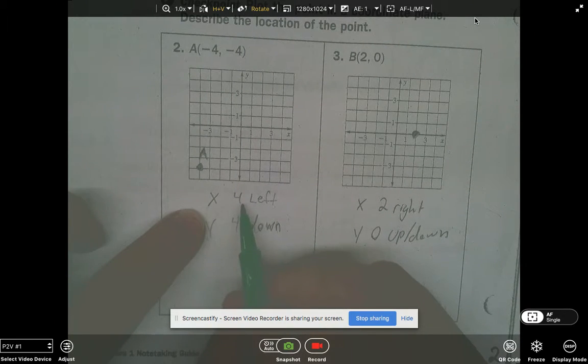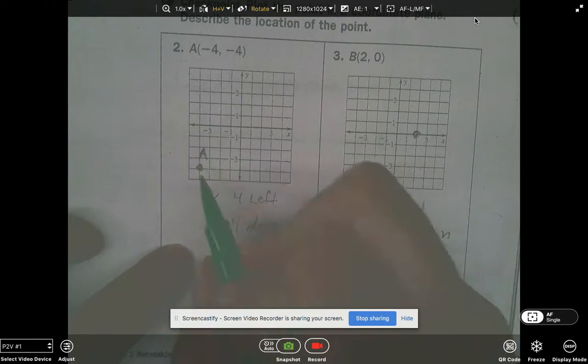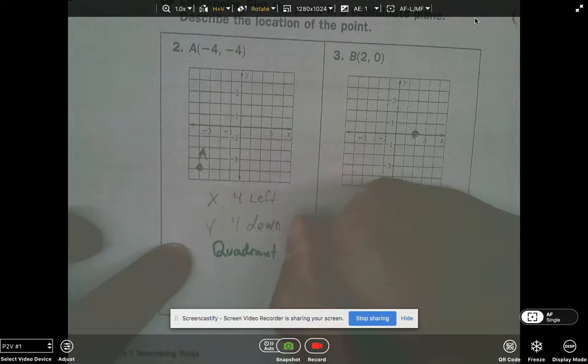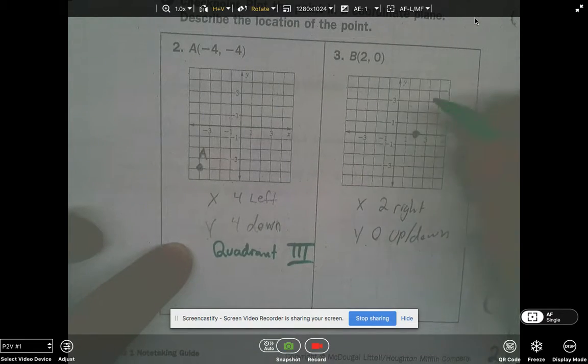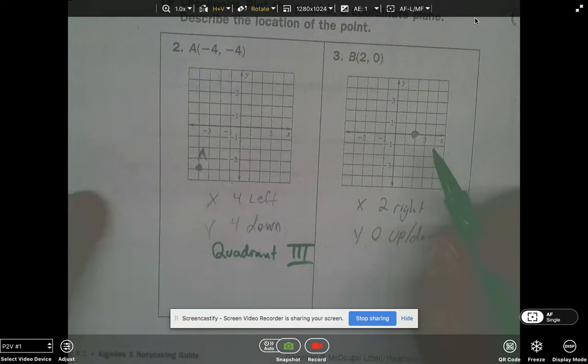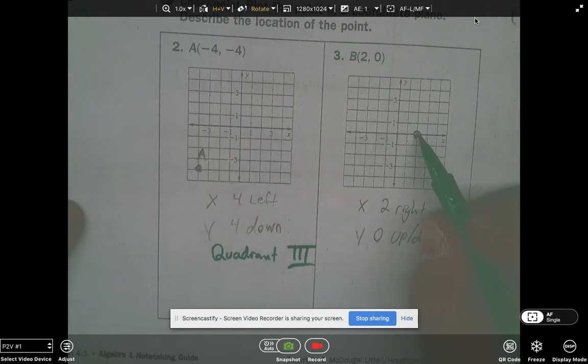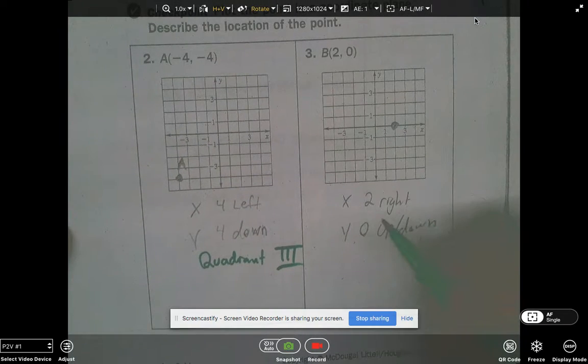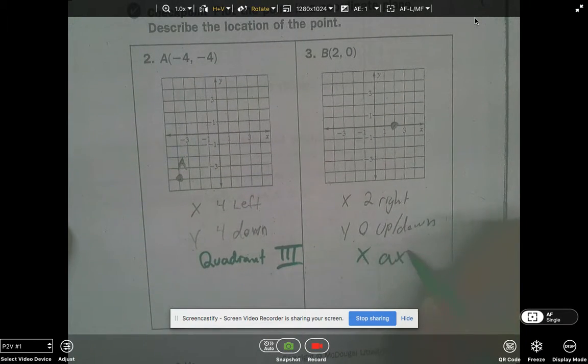So x went left 4, y went down 4. Again, can someone tell me what quadrant this is in? Yep, it's quadrant 3. And then the last one here, you are just moving over 2 and then up or down 0. And again, kind of with the trick question, it's not on a quadrant, but it's on what axis? The x-axis. Great.